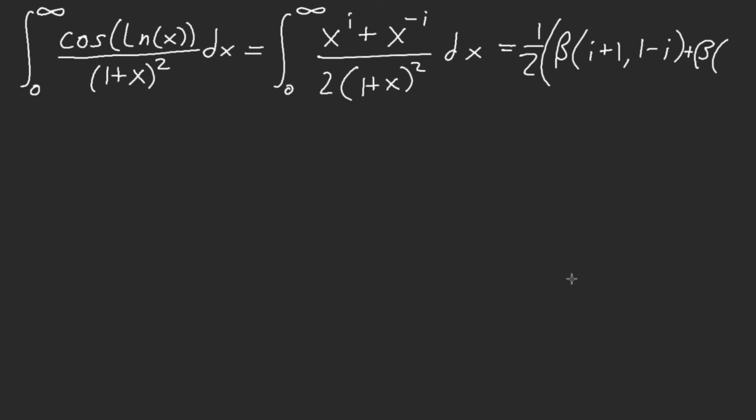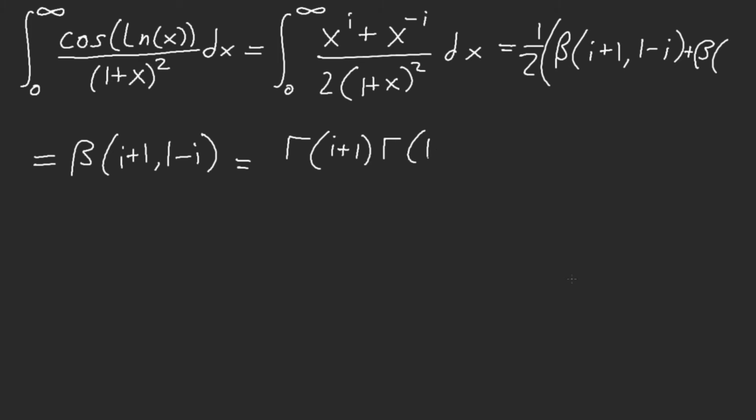So let's do that. So this is technically 2 times, I think the half is going to cancel out. So now we have i plus 1, 1 minus i. I know I'm safe because of the definition: if I add the gamma here, if you add these two up, what do you get?